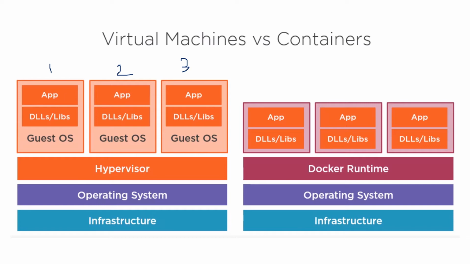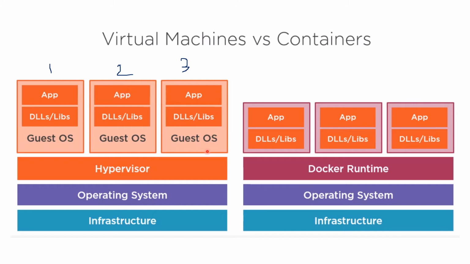So we have these VMs, and what we can do here is have our own guest operating systems on the hypervisor. Like I can run Linux on this machine if I want, then I can run Windows here, and likewise I can run any operating system I want on this VM.